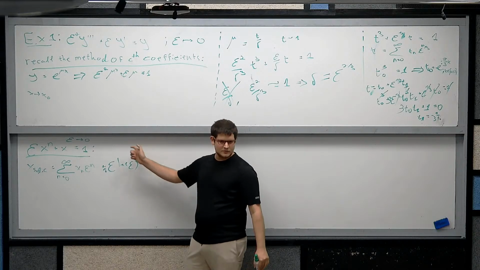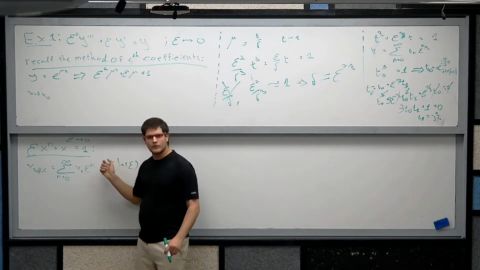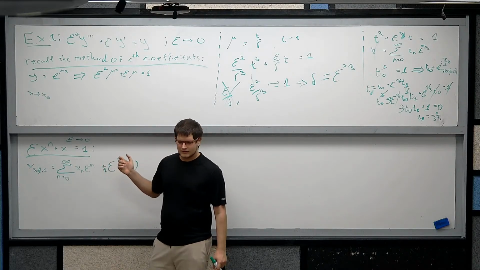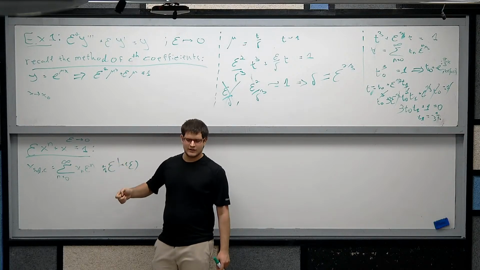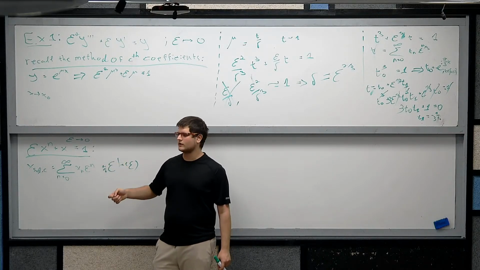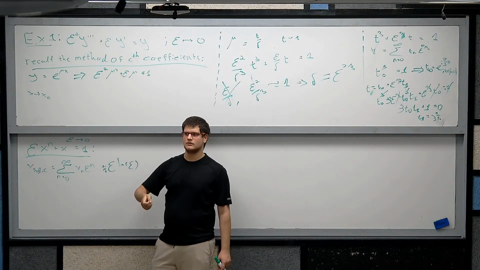When epsilon goes to 0, it still goes to 0, but it goes to 0 slower than epsilon squared.